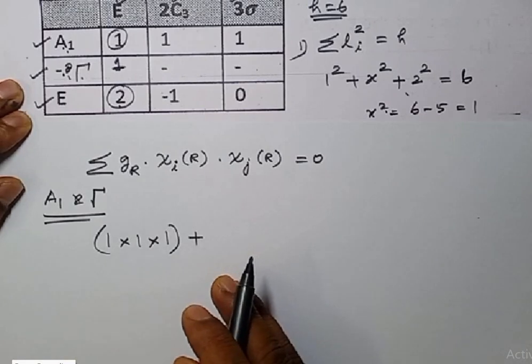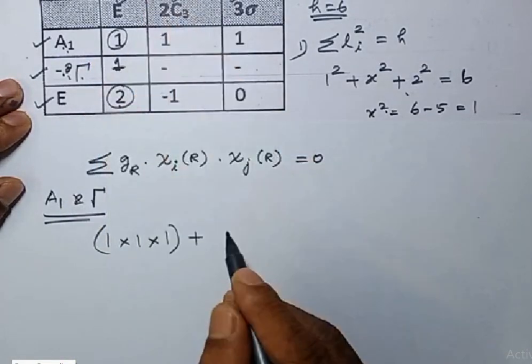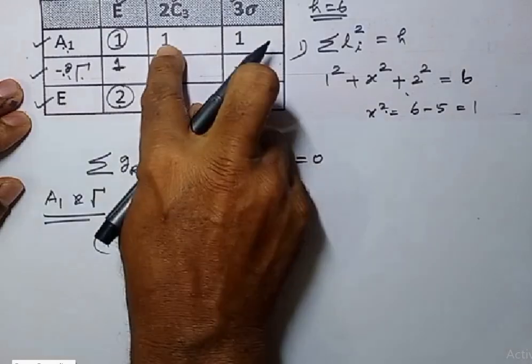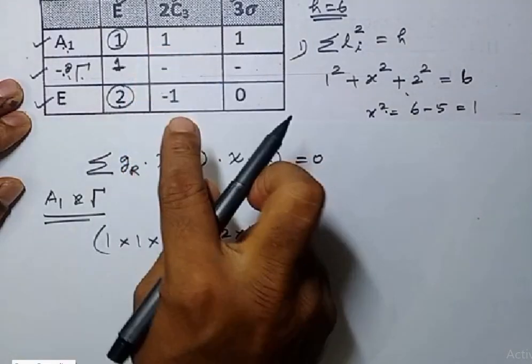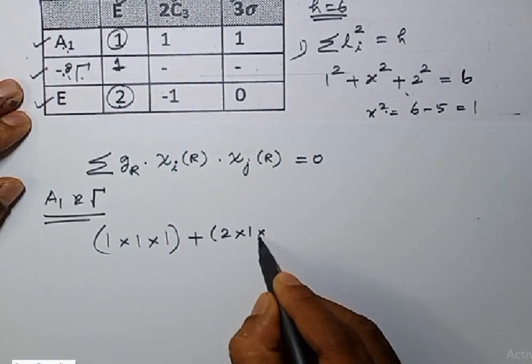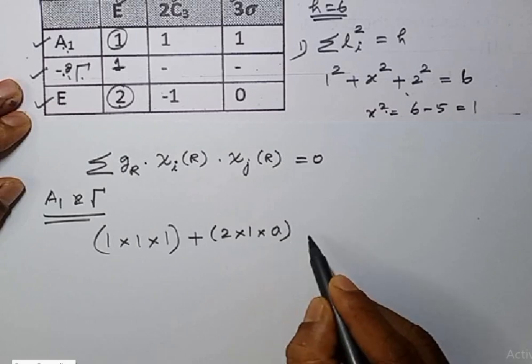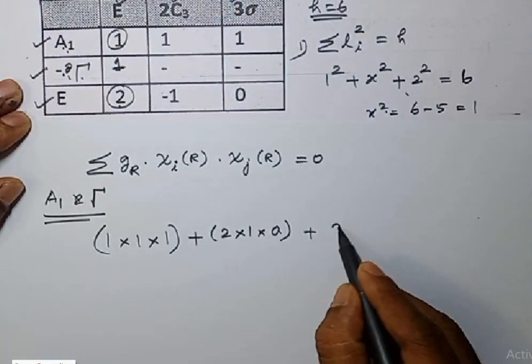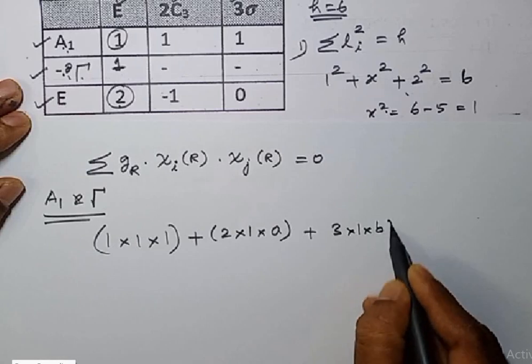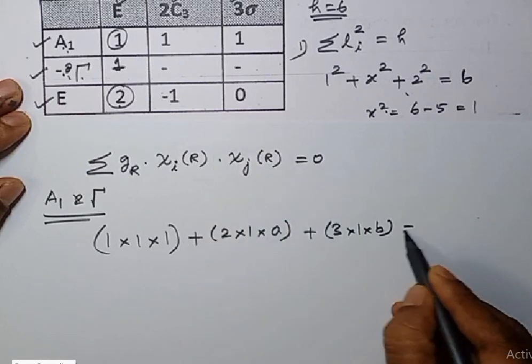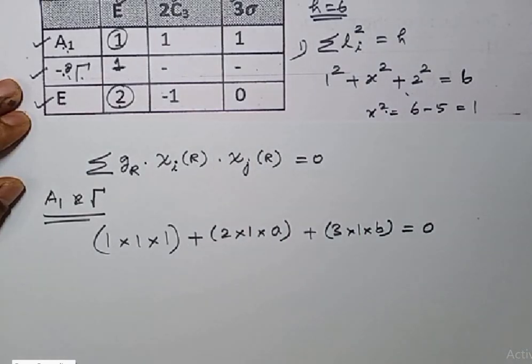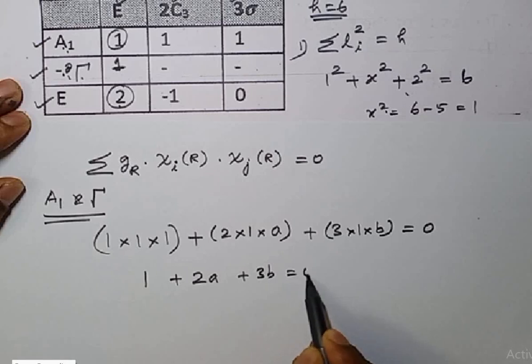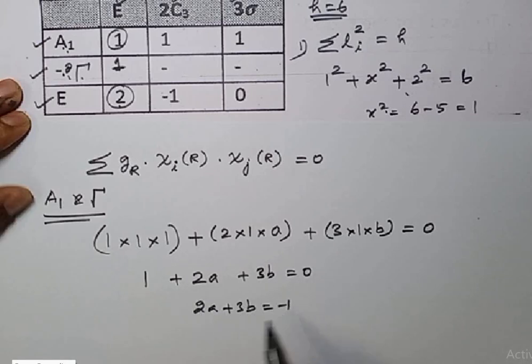In class 2, I have two operations, so 2 times 1, the A1 character, and we don't know the other character, let it be A, plus similarly here 3 times 1 times B. I'll take this as B. That should be equal to 0. So here I'll get 1 plus 2A plus 3B equal to 0, or I can write 2A plus 3B equal to minus 1.